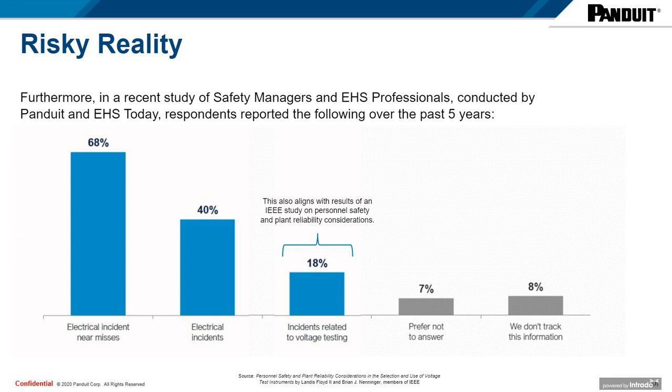This provides credibility that voltage testing incidents account for a significant chunk of electrical incidents, but it also shows that these types of incidents have not decreased over time. Keep this specific type of electrical hazard in mind as we look for ways to improve electrical safety within control panels and other electrical enclosures.